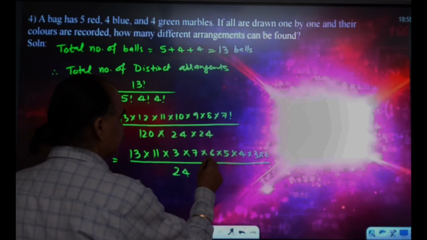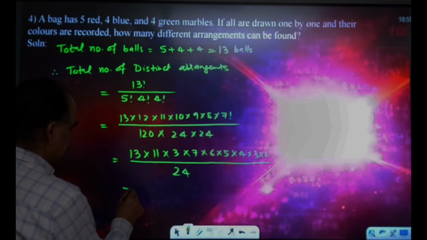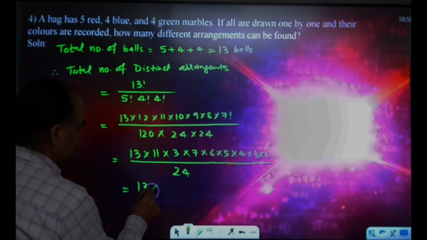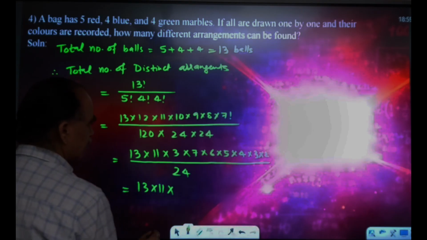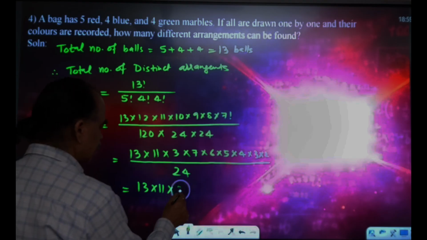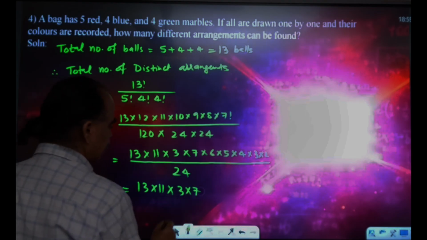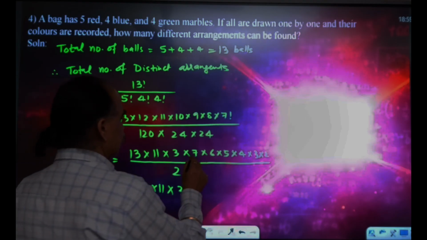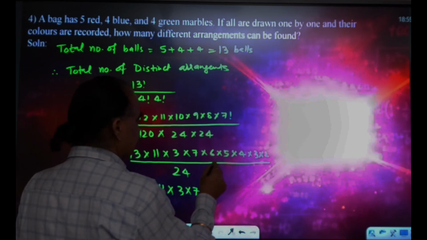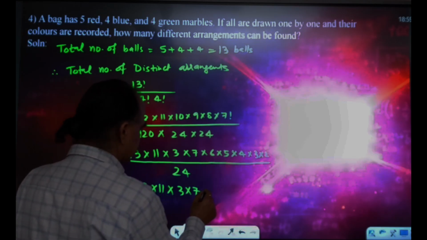Now 4 6 are 24 will get cancelled. What is left? 13 into 11 into 3 into 7, 6 4 the 24 cancel, 5 3 the 15 to the 30.